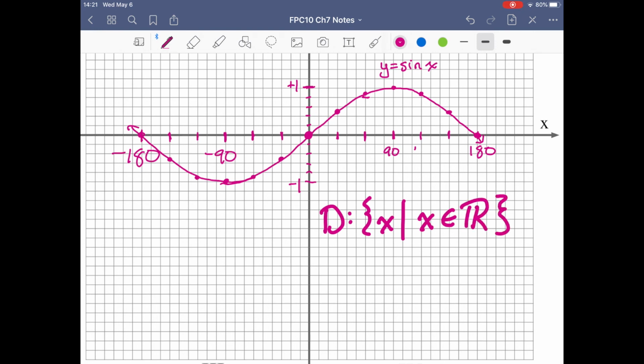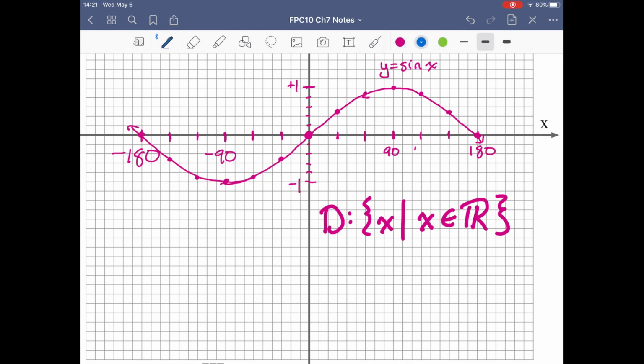That's our domain. The range is the up and down values. So it's only between these two values. It only goes from +1 to -1. It never goes higher than +1, and it never goes lower than -1. It keeps cycling between the two.